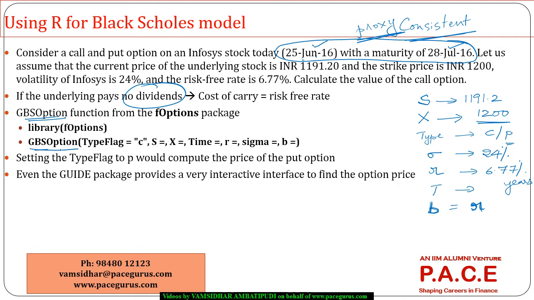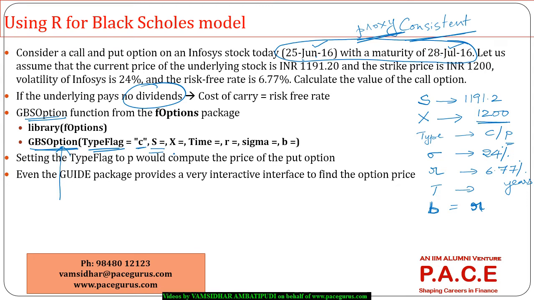You have the GBS option, the name of the function which can give you the pricing as per the Black-Scholes formula. It takes some input. The type flag, you have to set to either C or P, whether it is a call option or a put option.